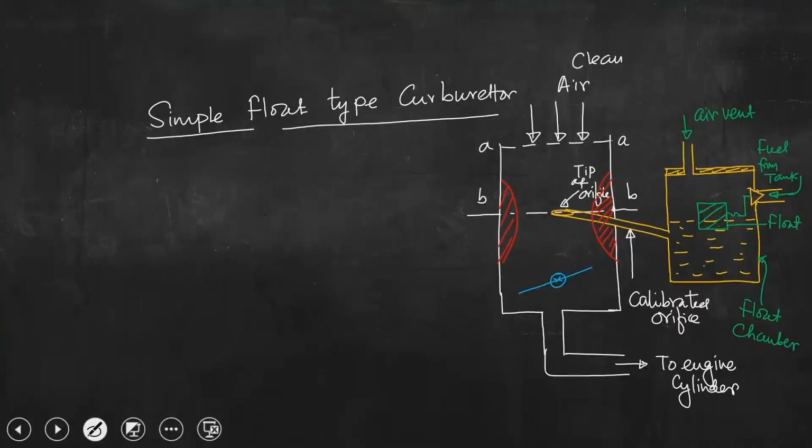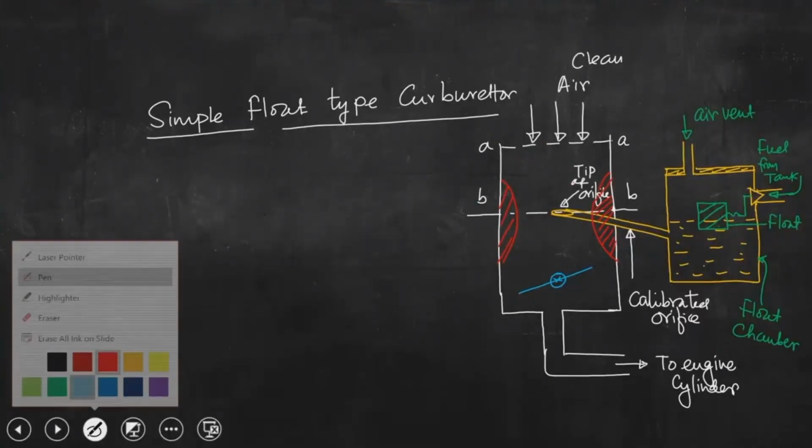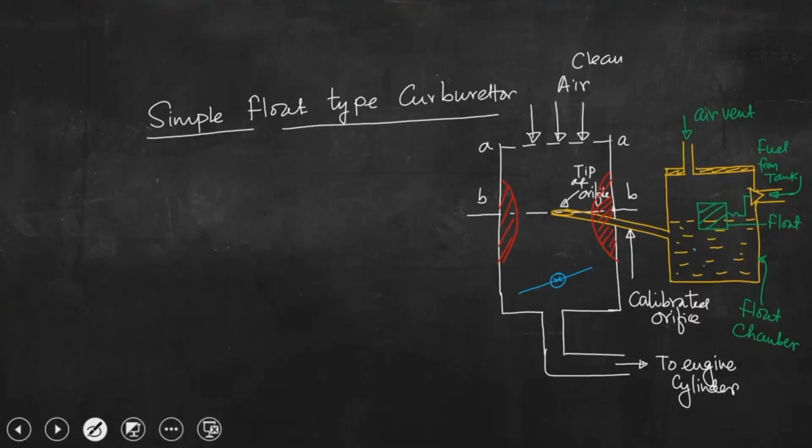So, let me write here, this is basically fuel. Okay. Now, we need to know the drop in pressure exactly at the tip of the orifice, rather in this location. What can we do? We can measure this drop in pressure by connecting a manometer here.